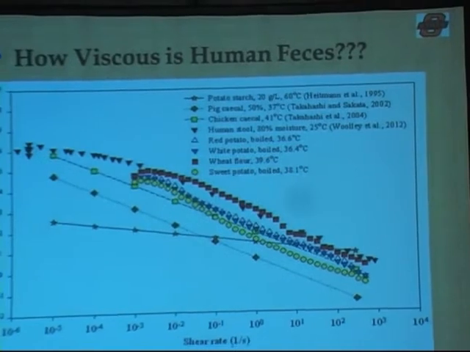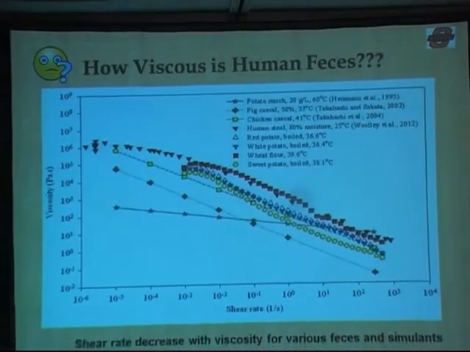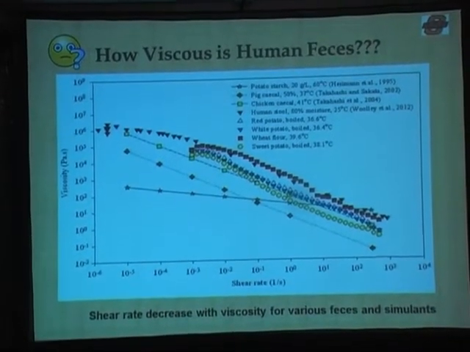This is some data. Some of it's from the literature, some of it is for different types of materials that we've tested in our lab. There was also some data that was generated here with human stool.